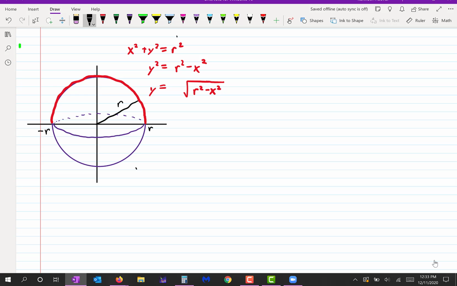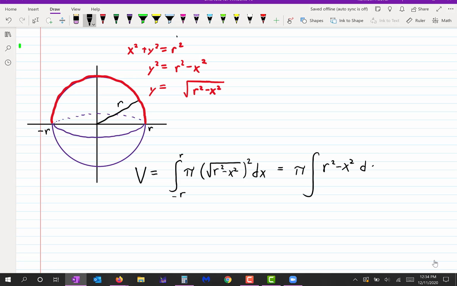So let's find the volume. We would integrate pi times the square root of r squared minus x squared, squared, from negative r to positive r. So that's pi times the integral of r squared minus x squared with respect to x.